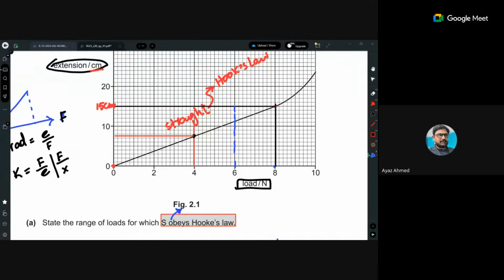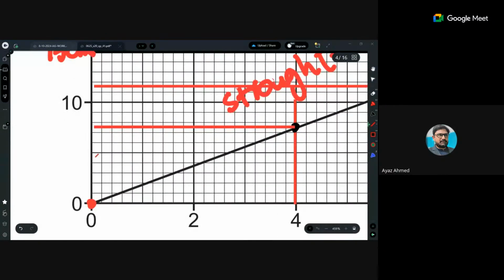okay, I have just extended the line. That is the extension. So what is the extension? It is 10.15, isn't it? Yes, sir.